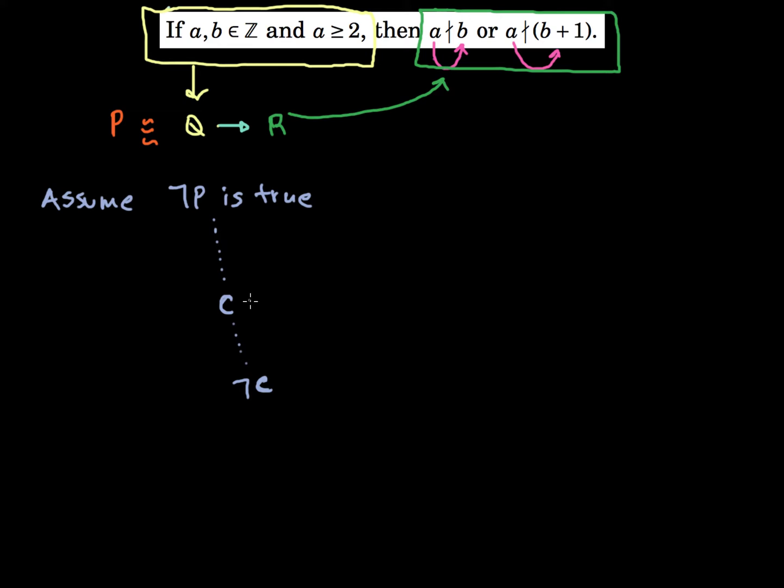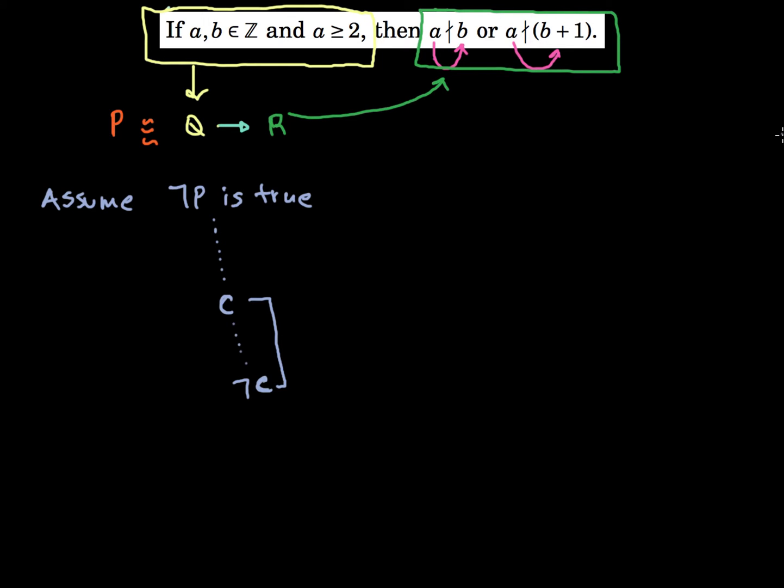Because of this contradiction, I'm going to say that the original assumption of not P being true was incorrect. Not P must be false, which implies P must be true.